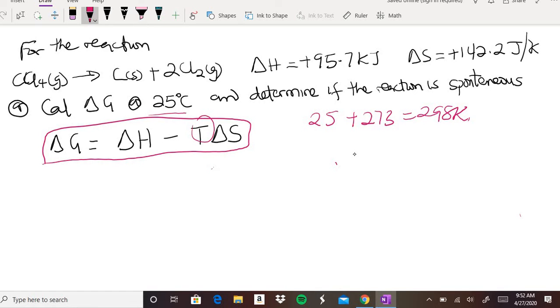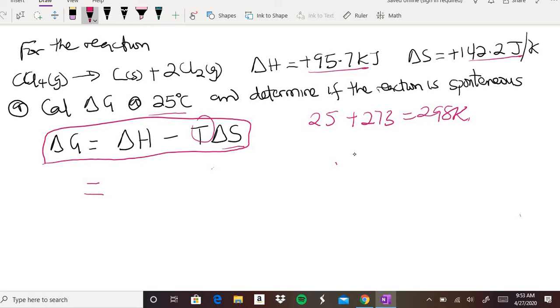Our H has been given to be 95.7, and our delta S entropy change has been given to be that. So what we need to do is plug these values into this equation.